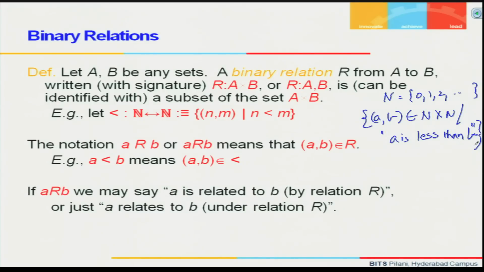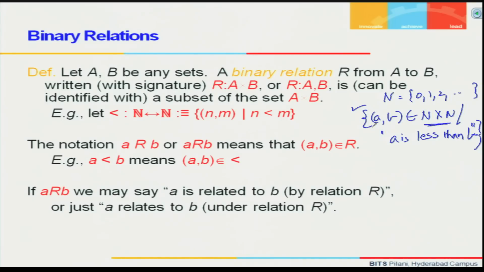Is this a relation or not? First of all, yes, this is a relation because I am deriving the tuples from n cross n, hence this set I can call a relation. Am I taking all the tuples from n cross n? No, I am putting a condition, or a predicate.